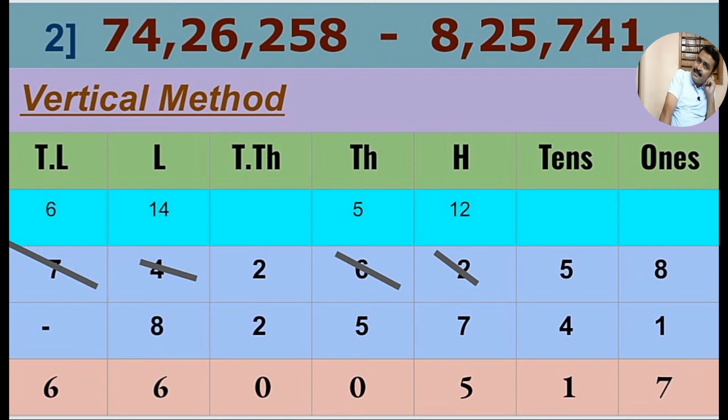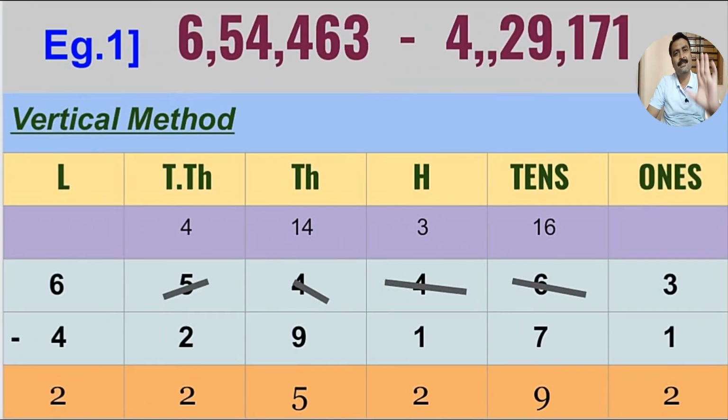So in this example 1 and example 2, that we continued here, the vertical arrangement of these given two numbers here. Now while making this vertical arrangement, we are taking columns here. By making columns, we are continuing this subtraction process.